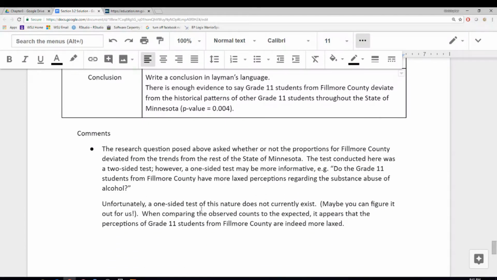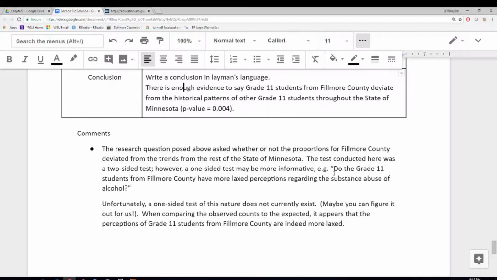Now, a quick couple of comments before leaving section 3.2 here. The research question posed above asked whether or not the proportions for Fillmore County deviated from the trends from the rest of the state. The test conducted here was a two-sided test. Now there is a one-sided test that might be more informative.